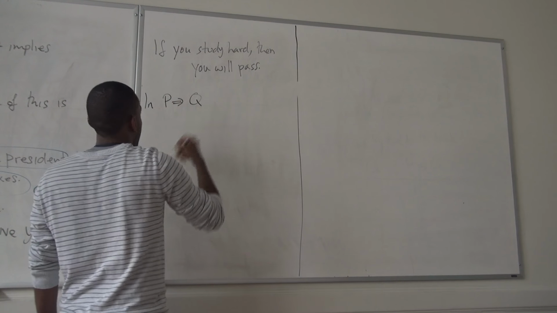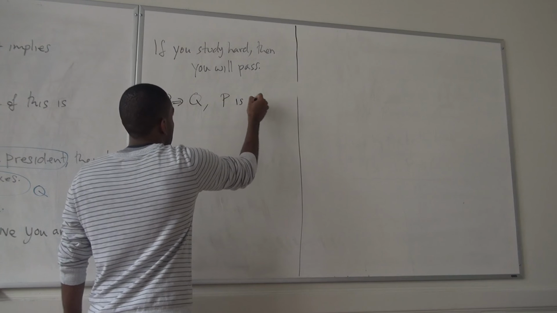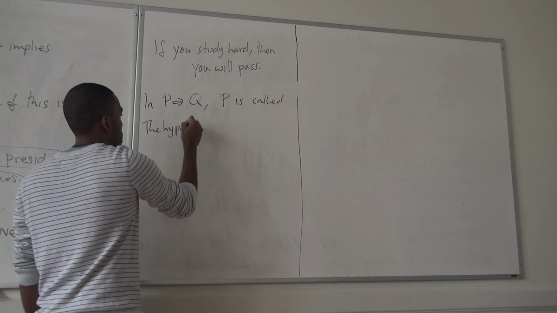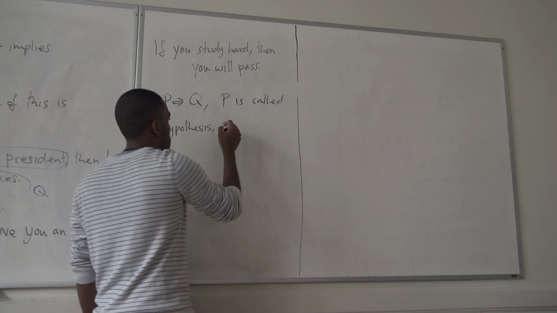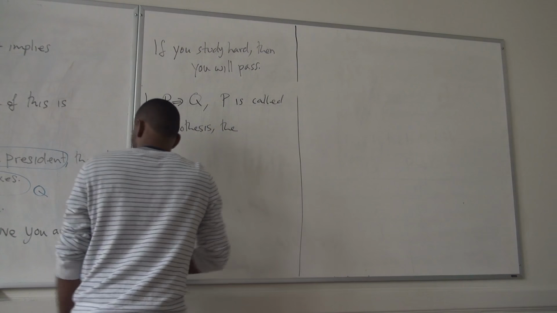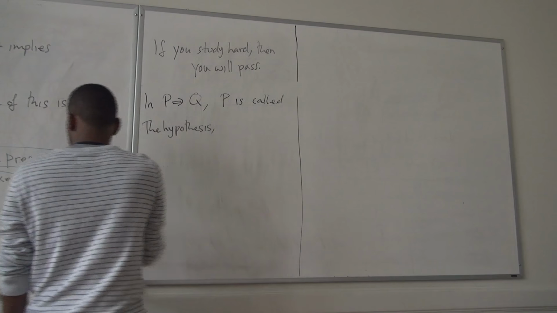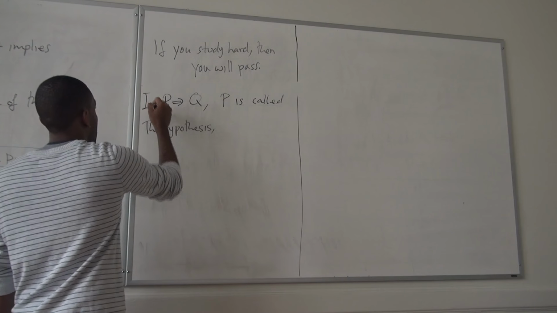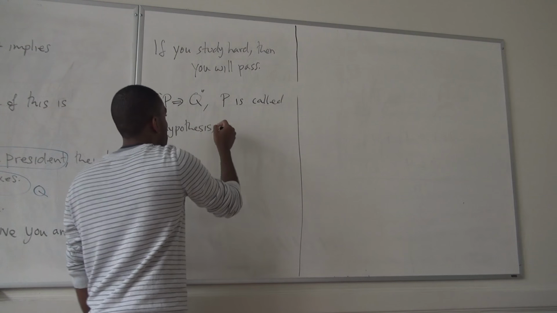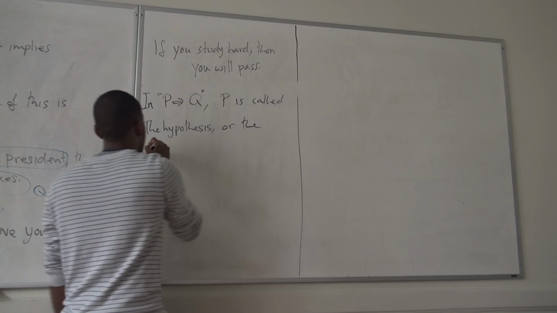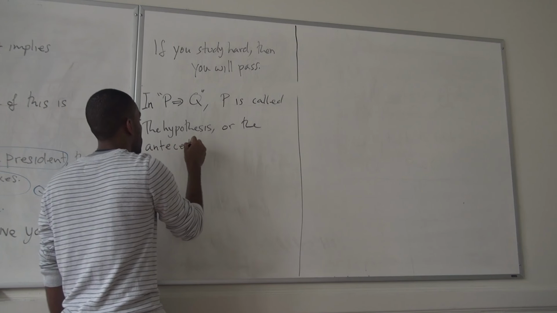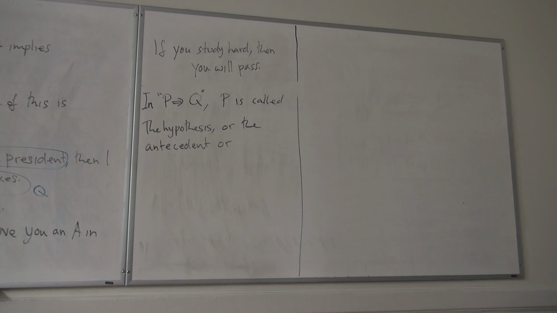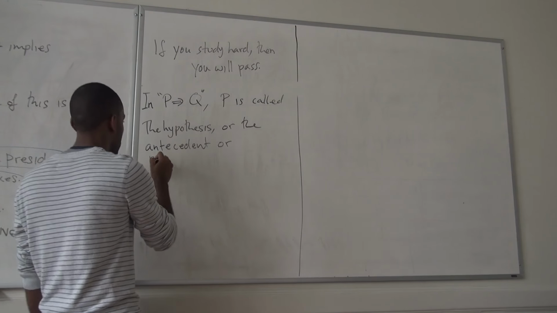In the statement P implies Q, P is called the hypothesis or the antecedent, or there's probably another word for it, premise.